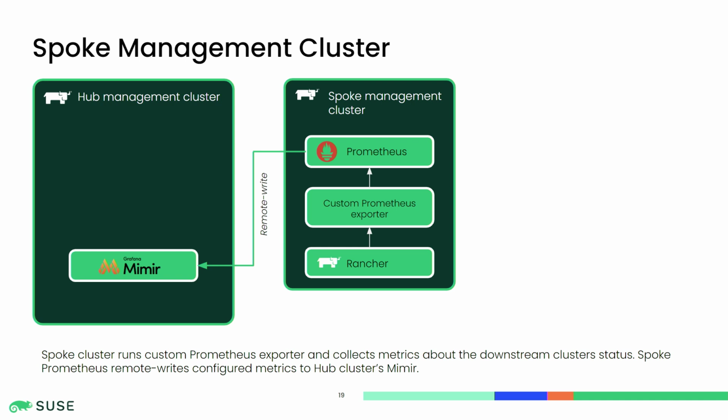So basically, the stack which runs on the Rancher management cluster allows us to take the data which we are interested in about all the downstream clusters and store it in Mimir on the hub.